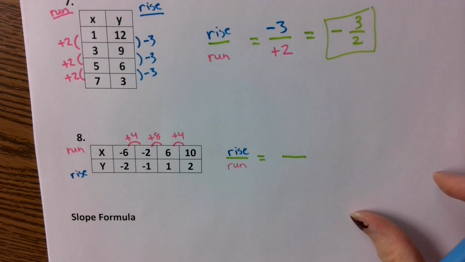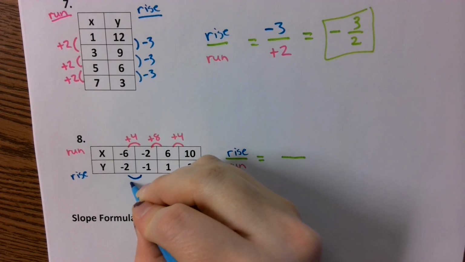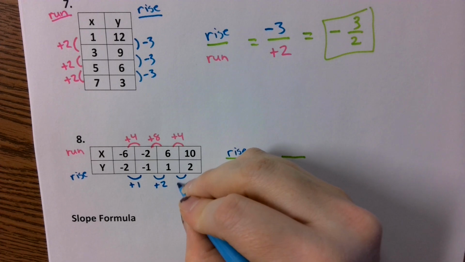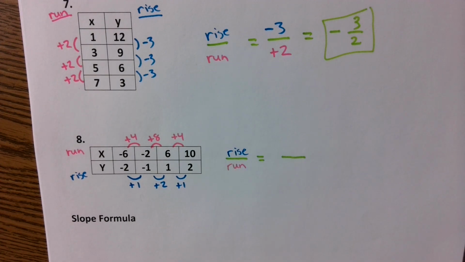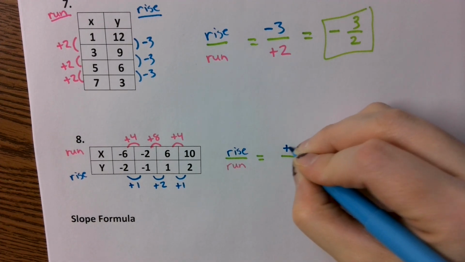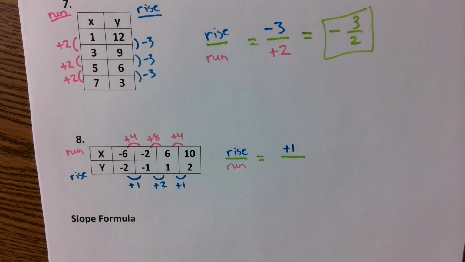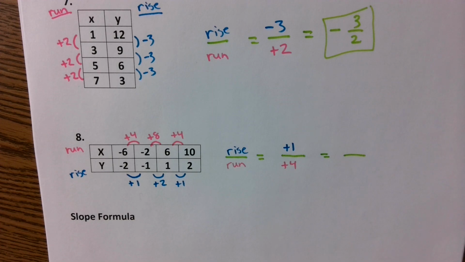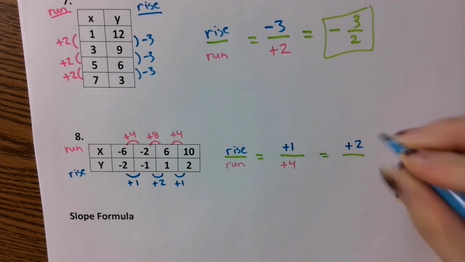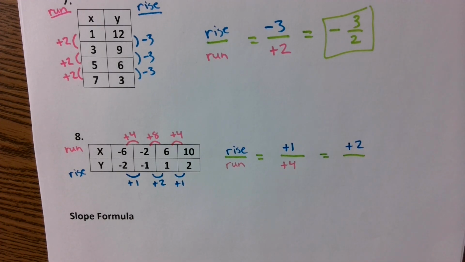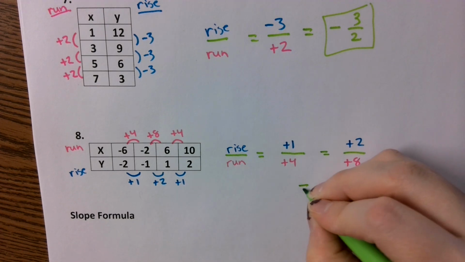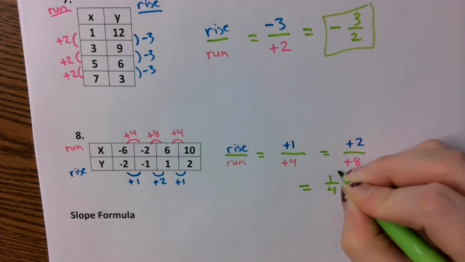For the y value, you were increasing by 1, then you increased by 2, and then you increased by 1 again. So when we're looking at it, we have a change that has a rise of 1 when we had a run of 4, and we also had a rise of 2 and a run of 8, and they both happen to be simplified to the same thing, a +1 over a +4.